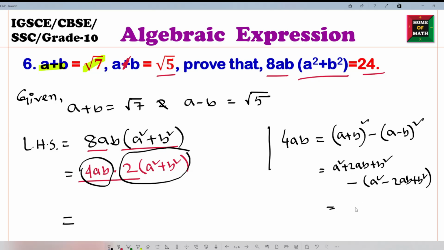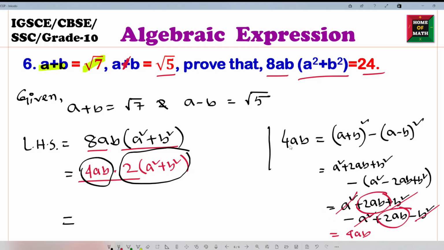So a square plus 2ab plus b square, then minus a square, minus and minus becomes plus 2ab, and then minus minus b square. So a square minus a square cancels, b square minus b square cancels, and here we get plus 2ab, again plus 2ab. So here is 4ab. Therefore 4ab we can write as a plus b whole square minus a minus b whole square.